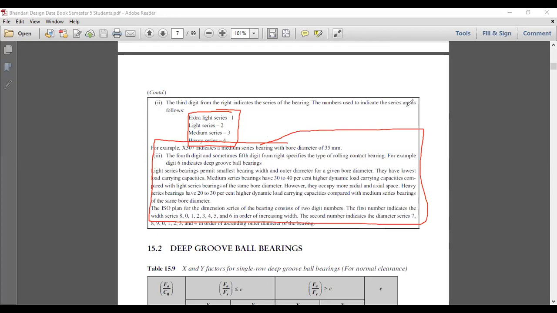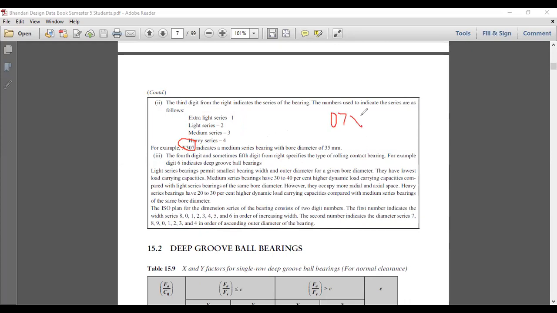So guys, this topic will give you a hint from the design data book as to how you should calculate this designation of rolling contact bearings. See, one more example they have given over here: X307, right? Last 2 digits 07 multiplied by 5 means 7 5s are 35.